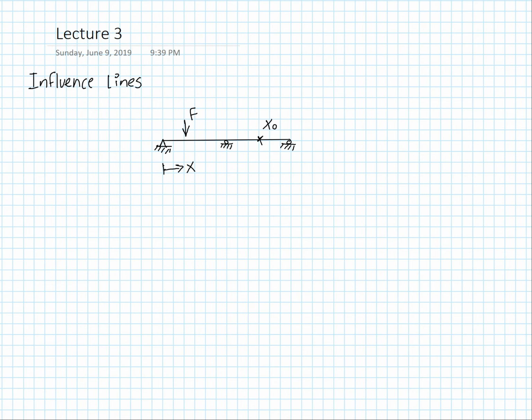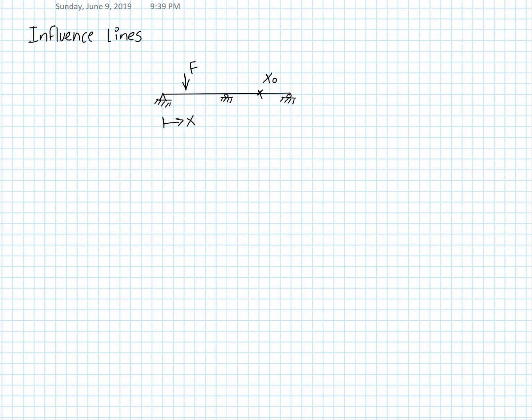This is the question that we're going to be dealing with here. So to begin with, I'm going to introduce the principle of Muller Breslav, which is very interesting because it simplifies the process of obtaining influence line diagrams. So we're interested in the Muller Breslav process or principle.